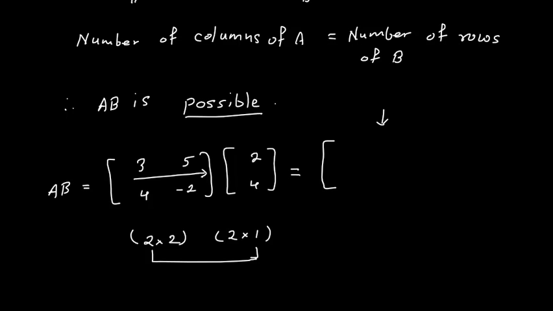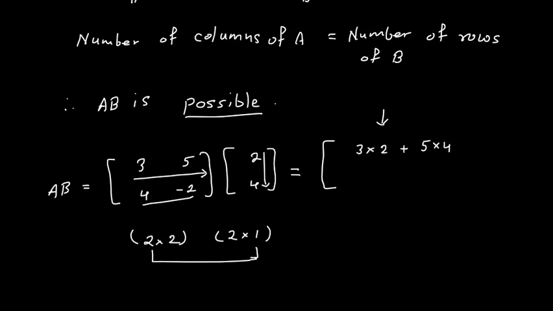Now how do you find the first element? The first row is going to multiply with the first column. There is only 1 column. So here we get 3 into 2 plus 5 into 4. Now there is no other column, there is only 1 column for my result.